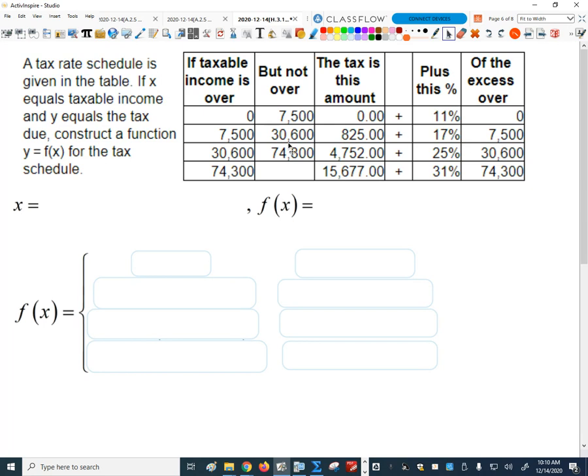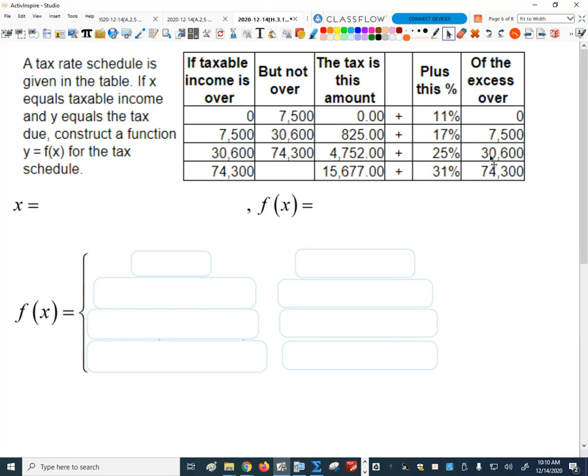If you make over $30,600, so between $30,600 and $74,300, you would pay all of the tax that you would pay at the top of the last tax bracket. If you made $30,600, what would that be? Well, that works out to be $4,752. Plus, you're paying at the 25% rate on the amount of your income over $30,600. So you're only paying at the higher rate for the amount that's in excess of the previous bracket. Does that make sense? Okay.